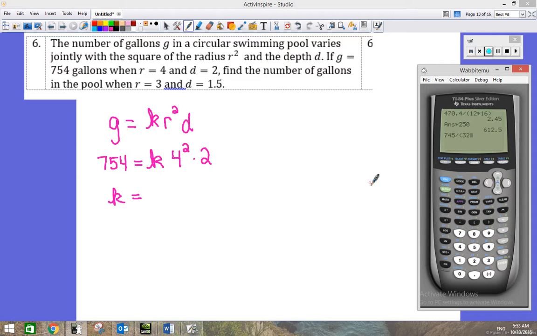Four squared is 16, and 16 times 2 is 32. Oh, so that doesn't reduce. Alright, so my model, oftentimes they call the equation the model, or I do.